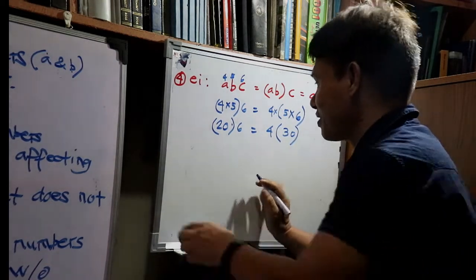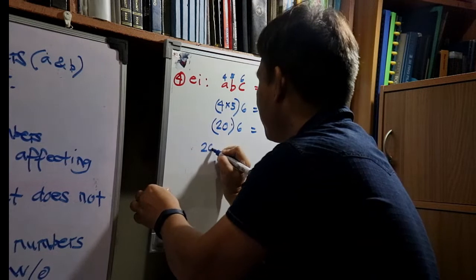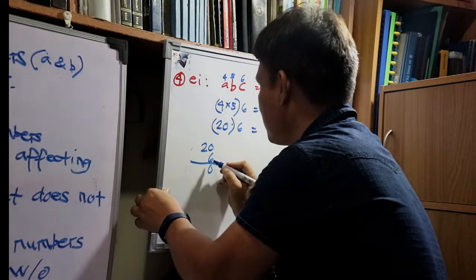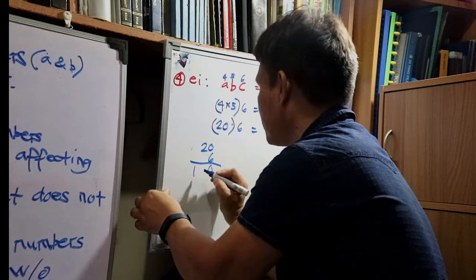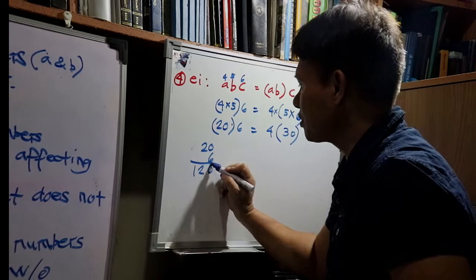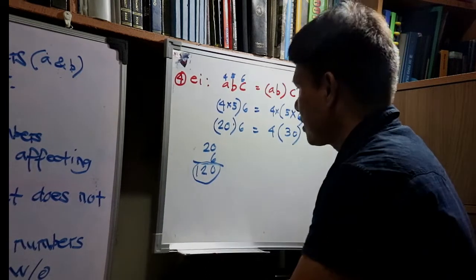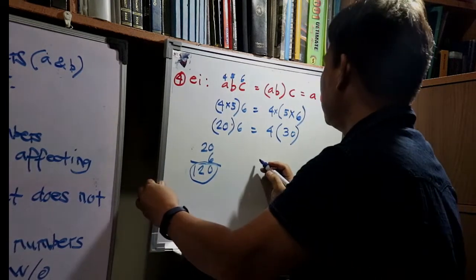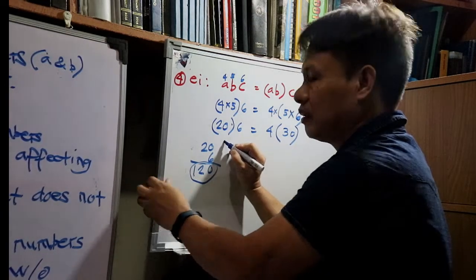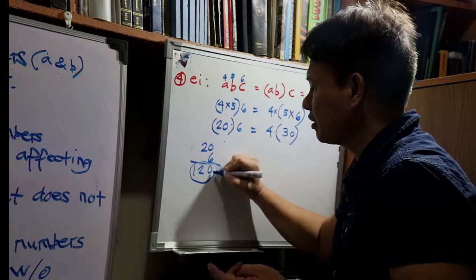Okay, guys. We get easy computations like this. 6 times 0 is 0. 6 times 2 is 12, so 120. Okay? 20 times 6 is? Get with me?